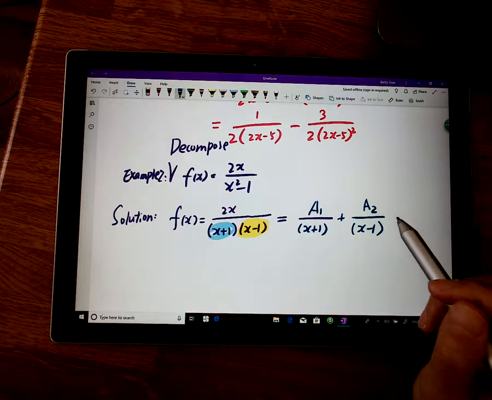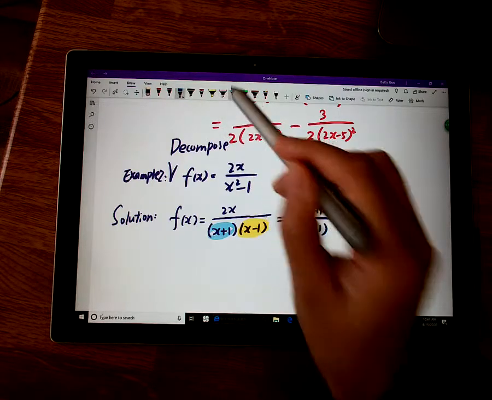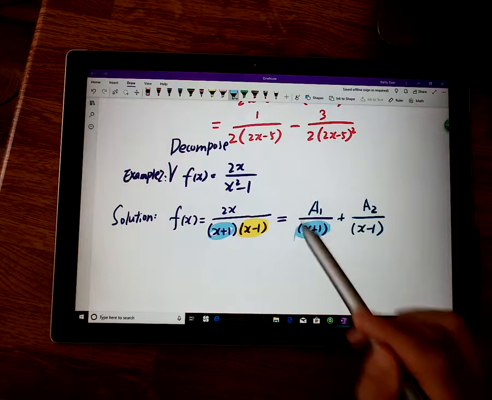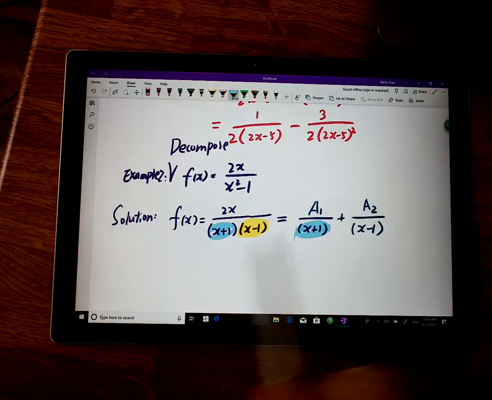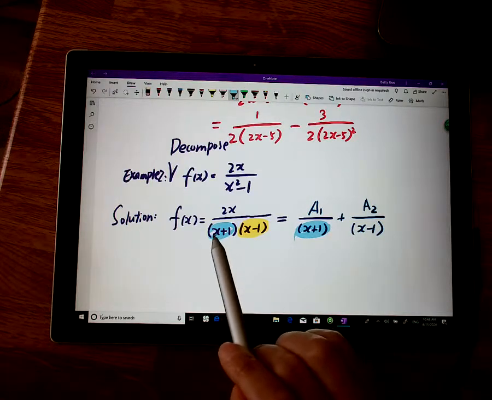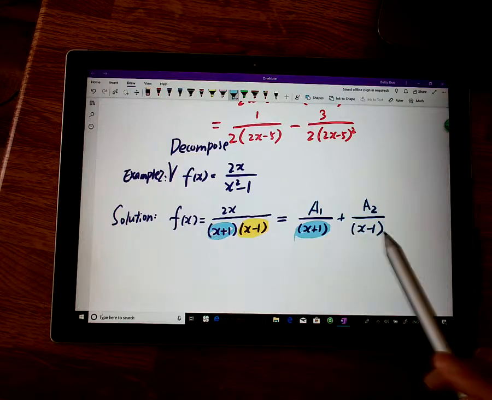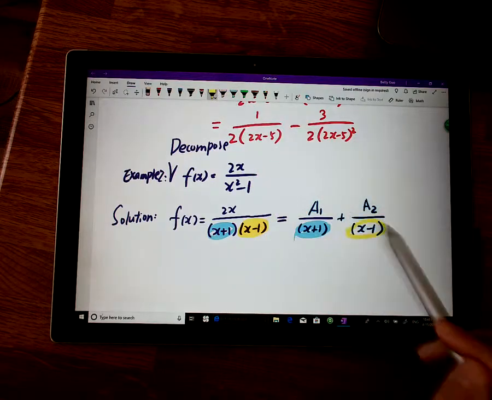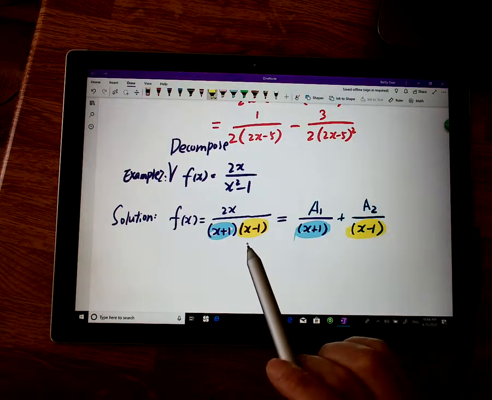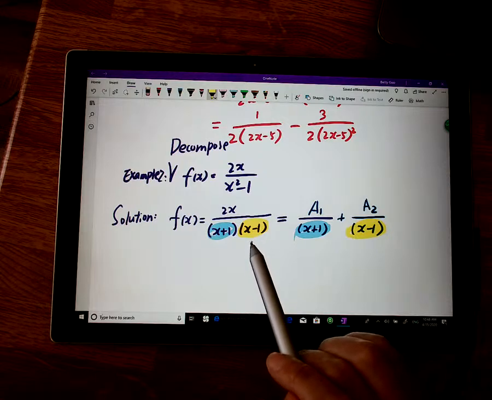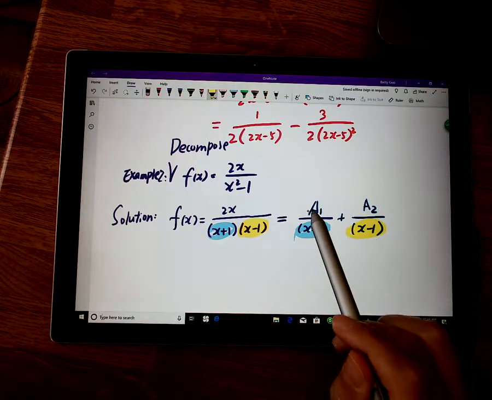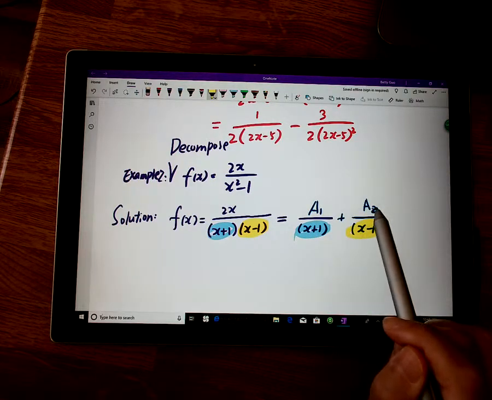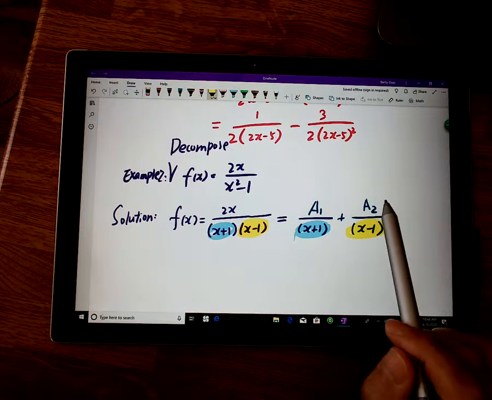Is this understandable? So this term is for the prime binomial x plus 1, and this term is for the prime binomial x minus 1. They are both linear, so the numerators are going to be constants. A constant is a polynomial with degree 0, right?